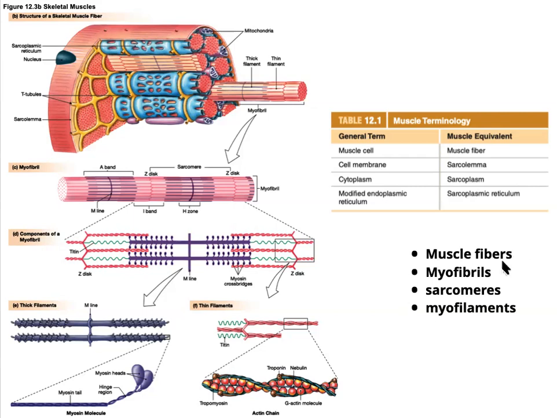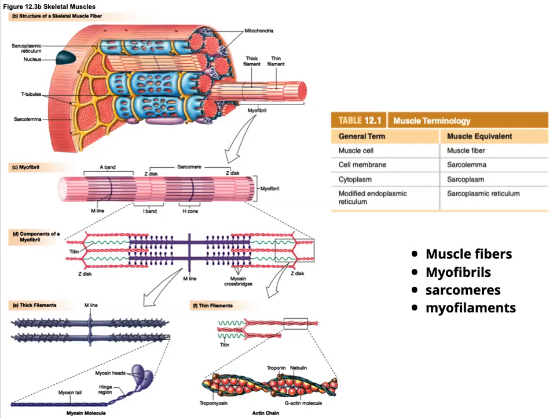So muscle fibers, as we mentioned, is the same as muscle cells. This is a cross section of a segment of a single muscle cell. Within individual skeletal muscle cells, we find these contractile elements called myofibrils.